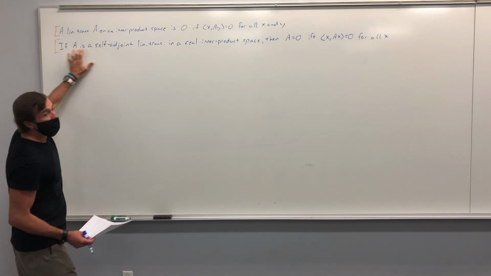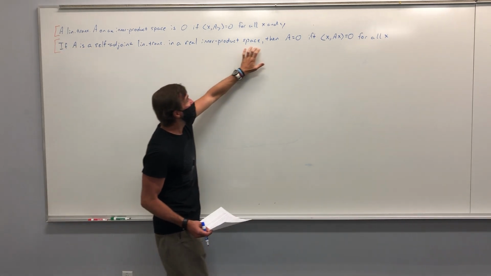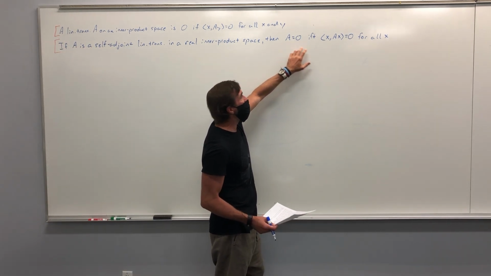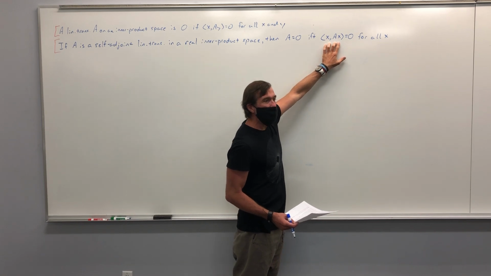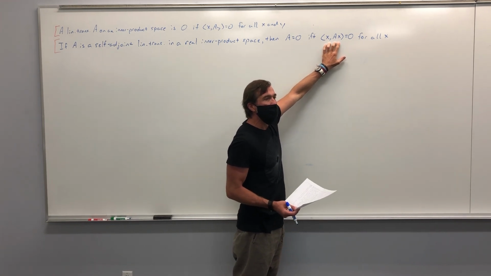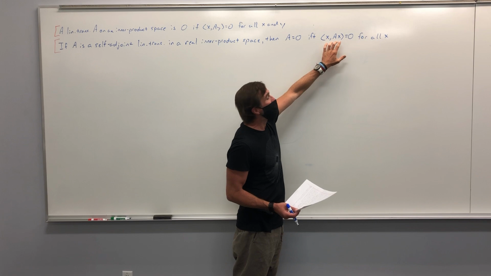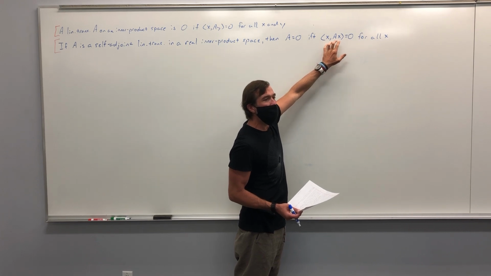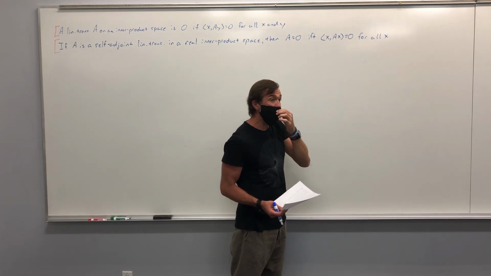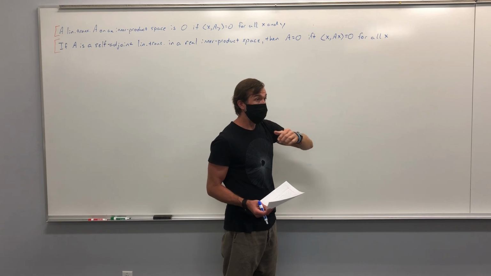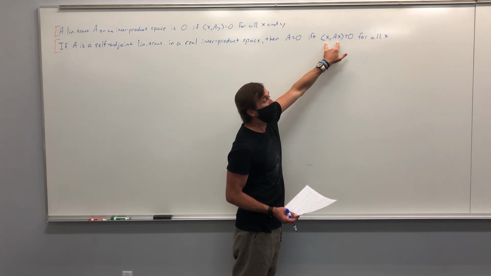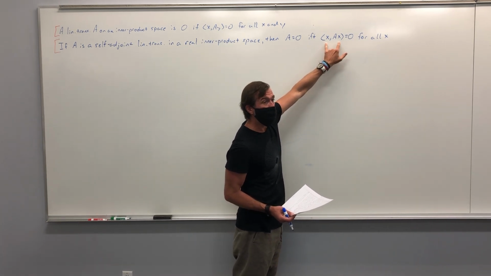However, given these conditions, the operator vanishes if you only have a 0 inner product between a vector and the operator acting on the same vector. I don't have to worry about x and y where x and y are different.